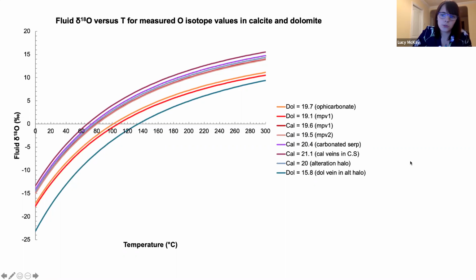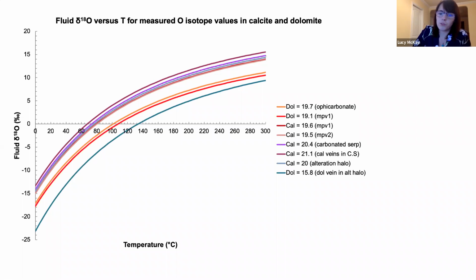So assuming the fluid precipitated from marine seawater, the temperature that the ophicarbonate formed at was about 100, where it crosses the zero here. And for the purple carbonated serpentinite, assuming it's magmatic, with a signature of -6, you're looking at a temperature of about 200, sorry, 220.